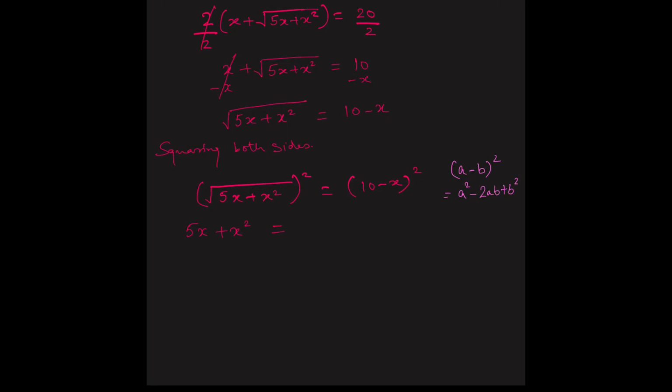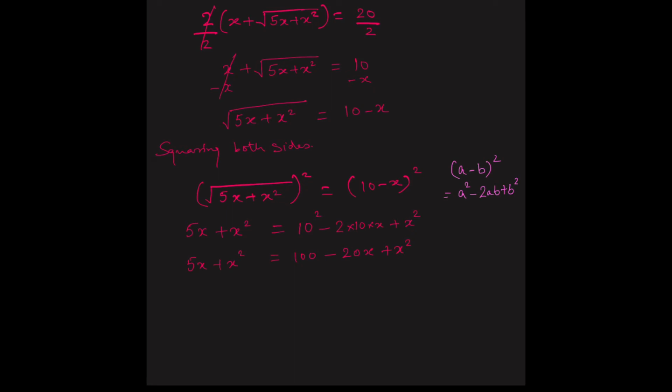Let's put that formula in and see what we get: 10 squared minus 2 times 10 times x, plus x squared. Right, let's simplify that. So we have 5x plus x squared is equal to 100 minus 20x plus x squared.